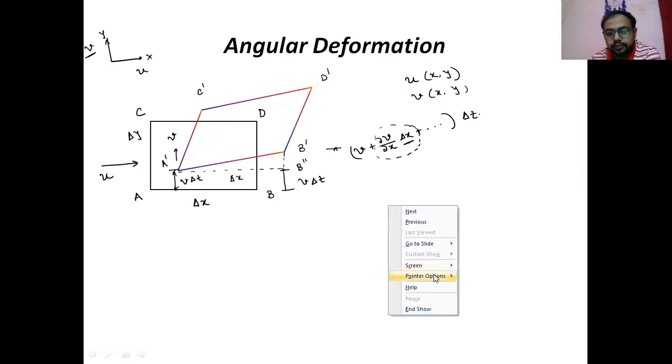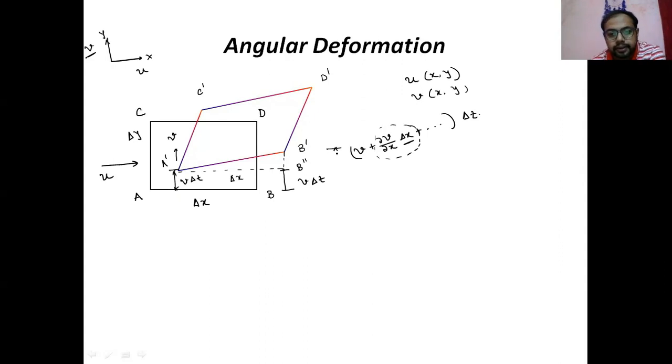From here to here, point B was previously in this location, now the displacement is this much. Out of this, v delta t is one part and the remaining part is this much into higher order terms. So B dash, B double dash is del v del x dx plus higher order terms into delta t.